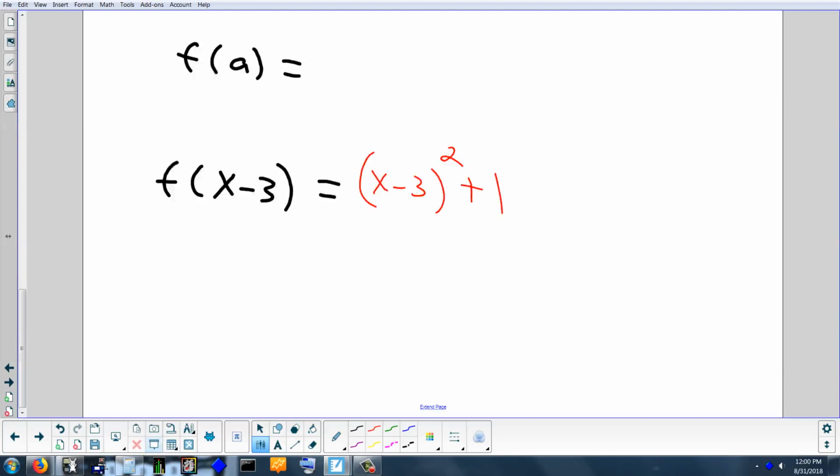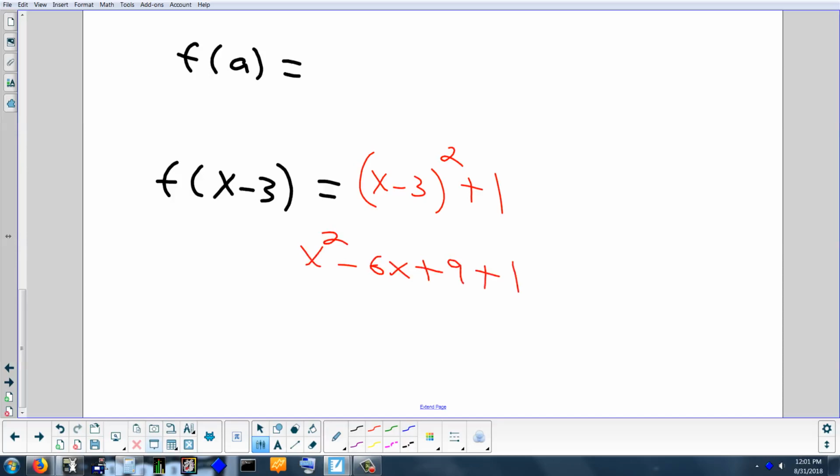Remember how we do that? You probably just square x and square -3. Nope. You do x minus 3 in a parenthesis times x minus 3 in another parenthesis. Exactly. You have to FOIL that whole thing out. So when you FOIL that out, you should get x squared minus 6x plus 9, and then you still have a plus 1 on the end.